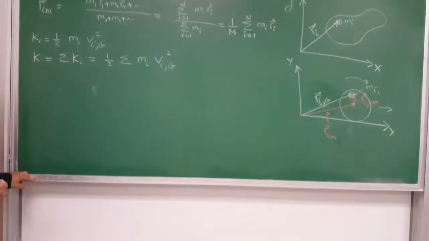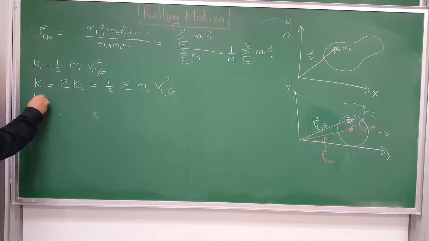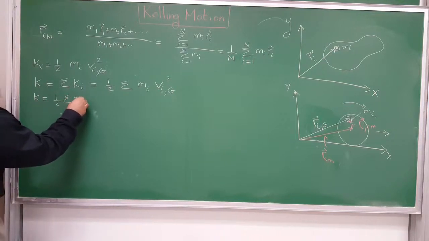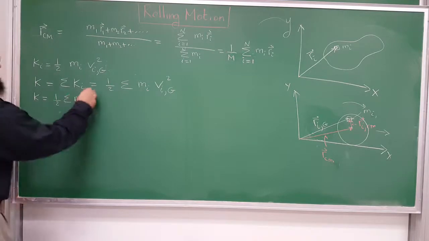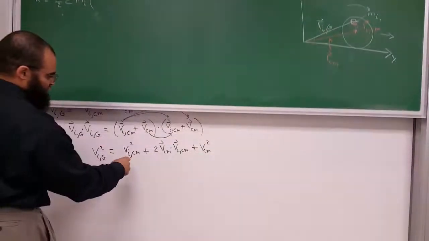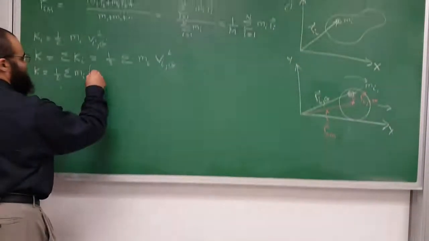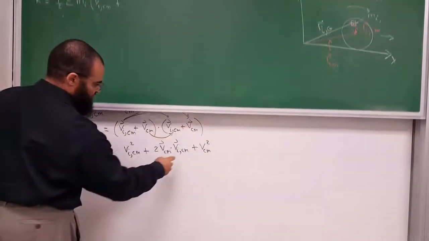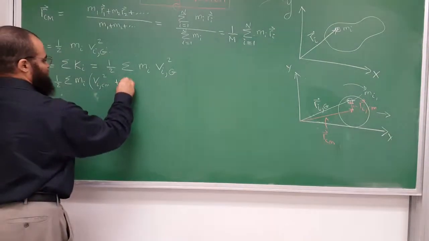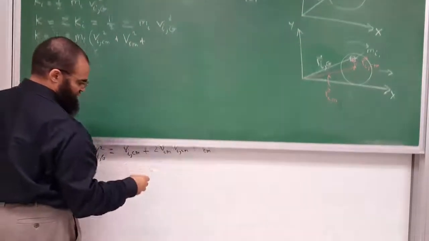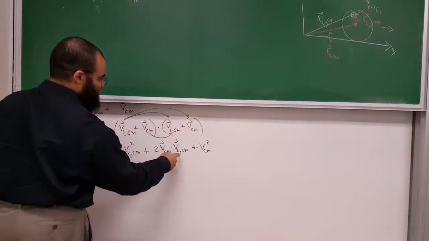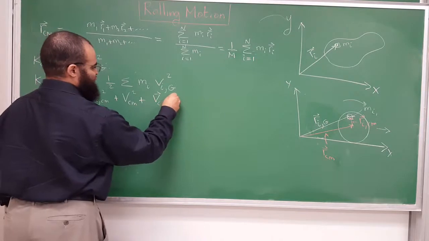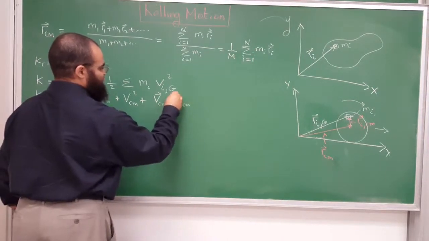So the total kinetic energy is equal to 1/2 times the sum of mi times Vi relative to the center of mass squared, plus V center of mass squared, plus 2 V center of mass dot Vi relative to the center of mass.